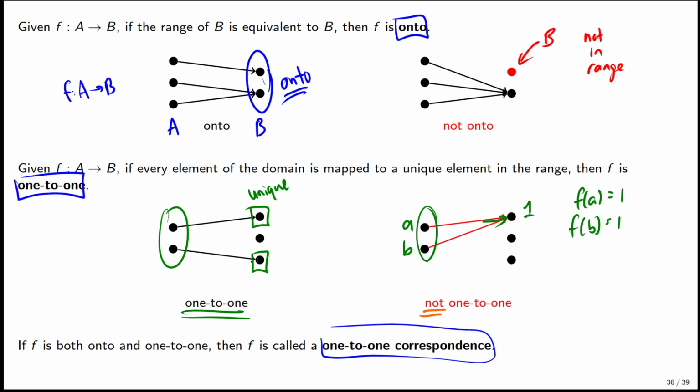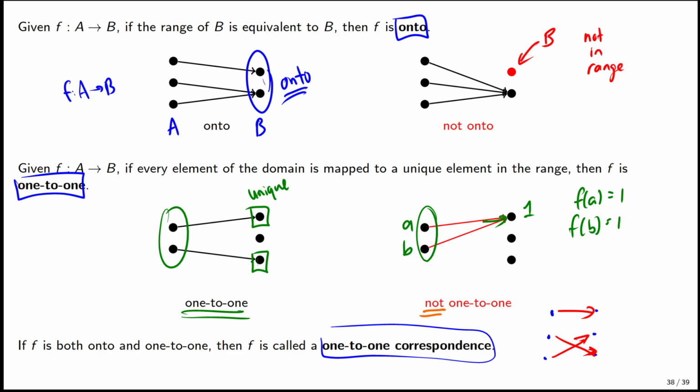Finally, if it's both onto and 1-to-1, f is called a 1-to-1 correspondence. What this usually looks like is that the things in the domain and the things in the range have the same number, and each thing goes to exactly one other thing in the range.